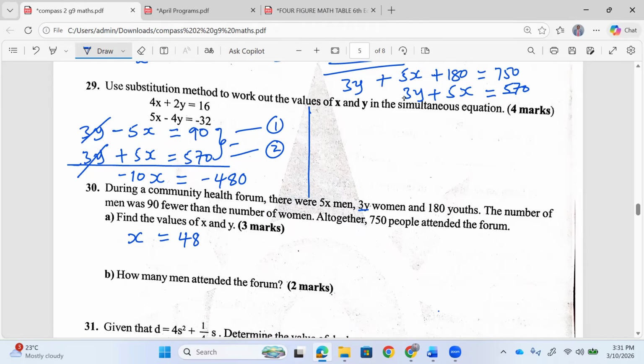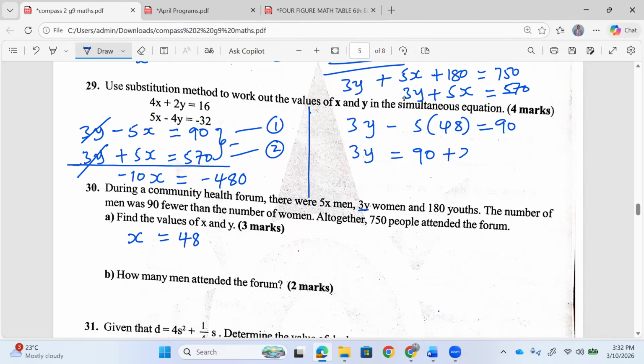What about the value of Y? We substitute in any of the equations. The first equation, 3Y minus 5 times 48 equals 90. So we talk about 3Y being equal to 90 plus, you see 5 by 48 is 240.